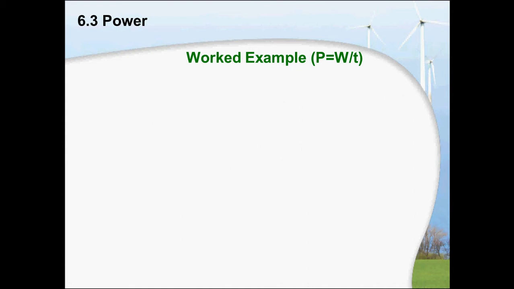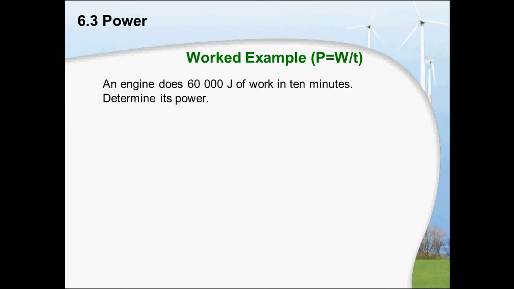All right, I've included this information here, which illustrates which of the 4 formulas has been used in this work example. So we will start with the first formula, which is power is equal to work divided by time. If the question asks you, an engine does 60,000 joules of work in 10 minutes, determine the power.